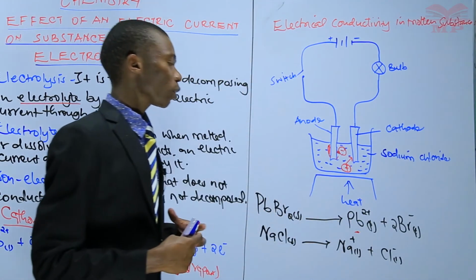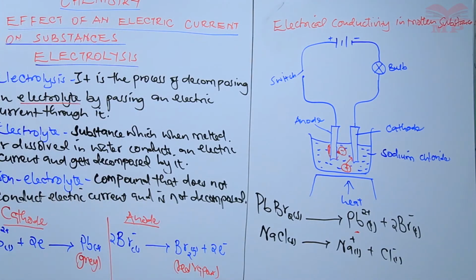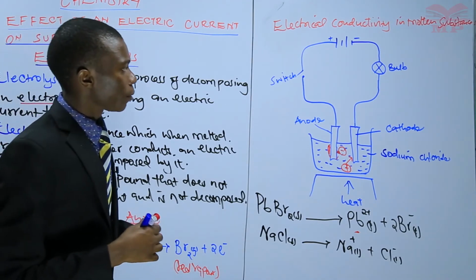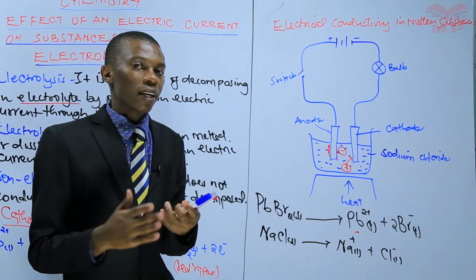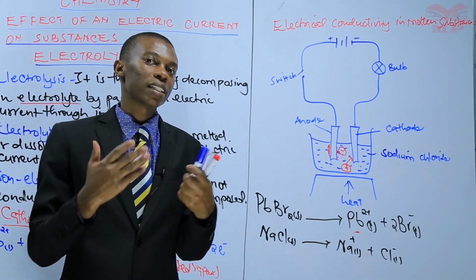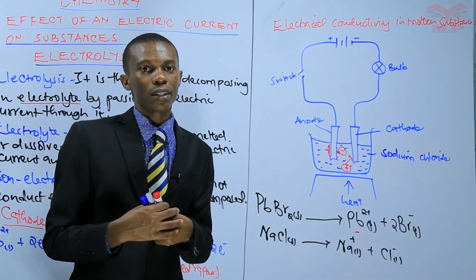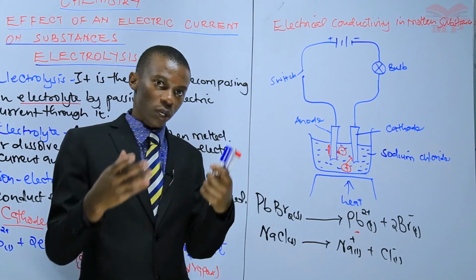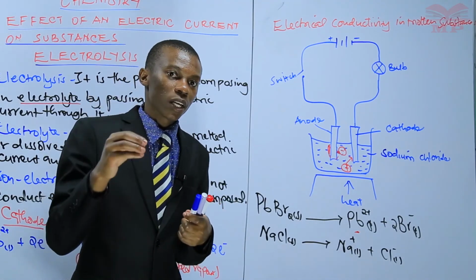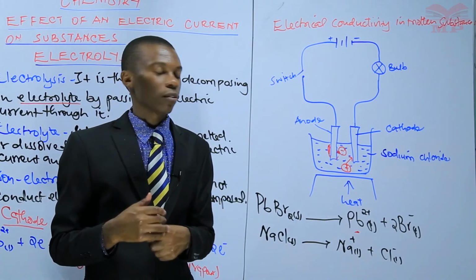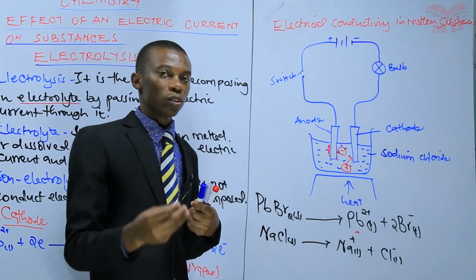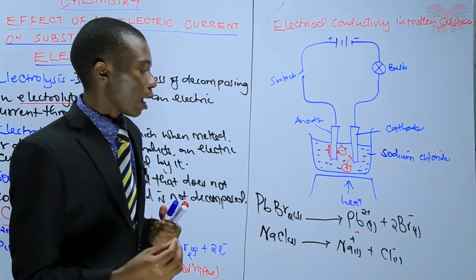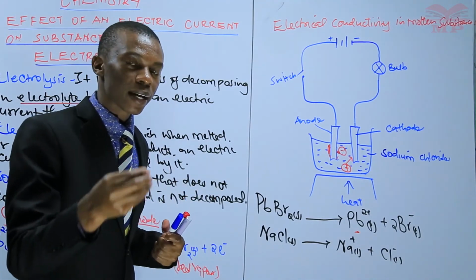And then we came to writing the equations of what happens at both the anode and the cathode. We have said that at the cathode, which is the negatively charged electrode, positively charged ions are attracted towards the cathode, migrate to it and are deposited there. In this case, the lead ions will be attracted towards the cathode and migrate towards it.